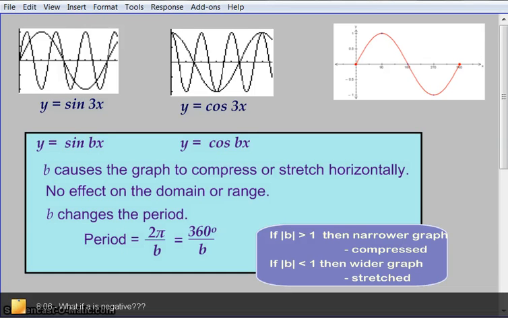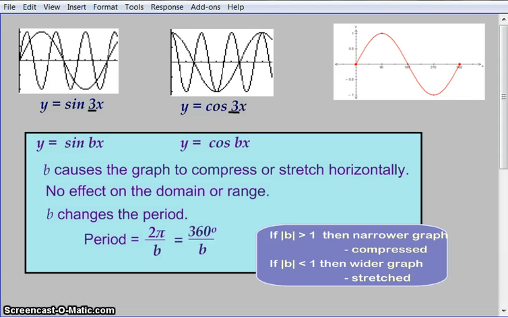This time I put the 3 out in front of the x instead of in front of the word sine or the word cosine. That number causes our graph to compress or stretch horizontally, that is along the x-axis. It has no effect on the domain or range.